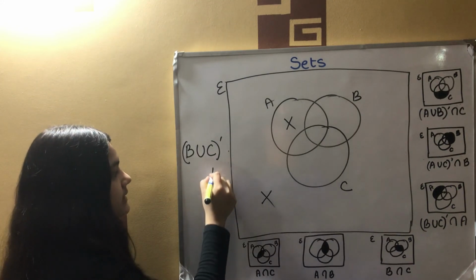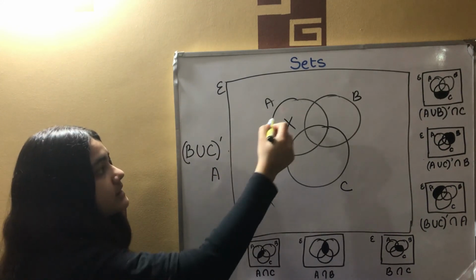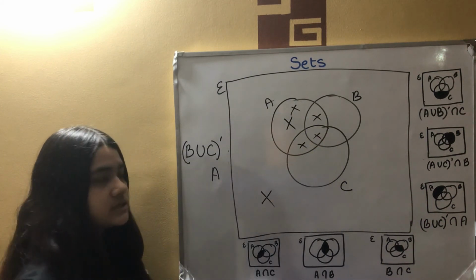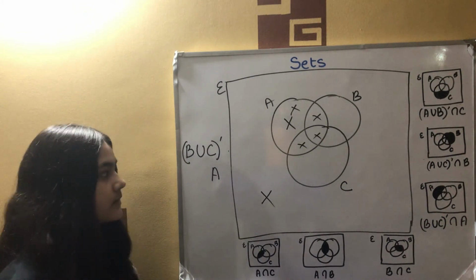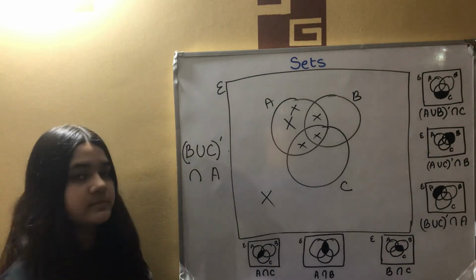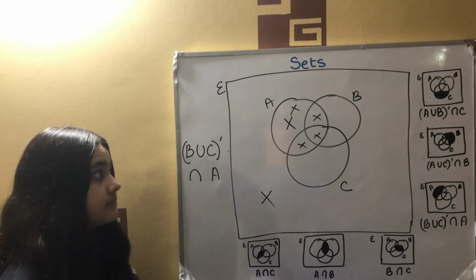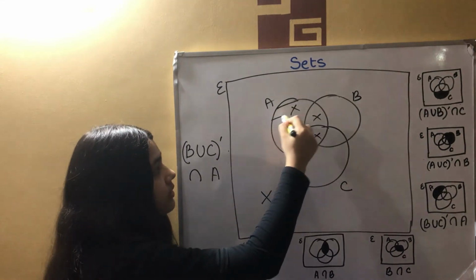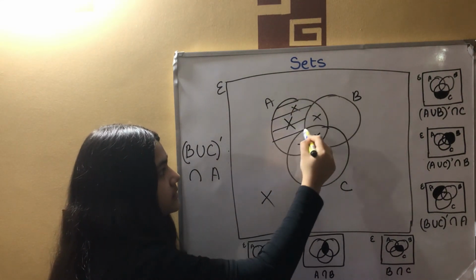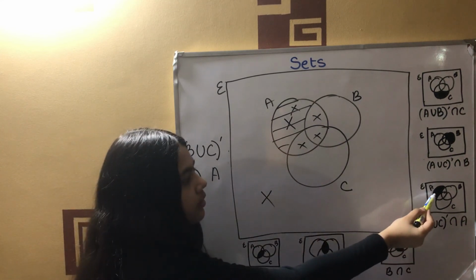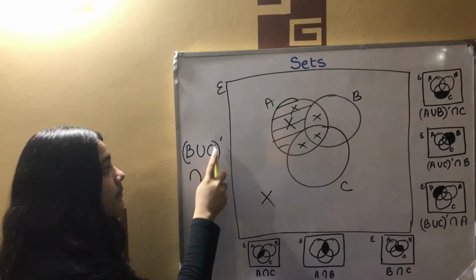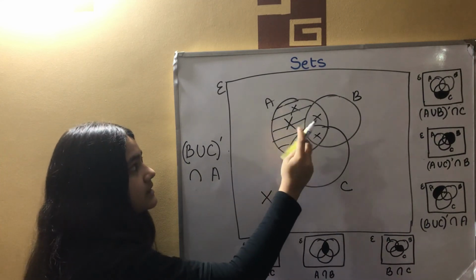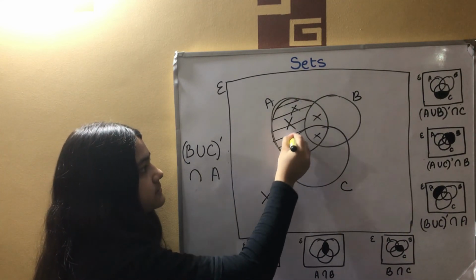And we have A. This region, this region, this region and this region is set A. So the intersection, that means the common part between these two, is only this part. So we have shaded only this part. Complement of B union C intersection A will only be this part.